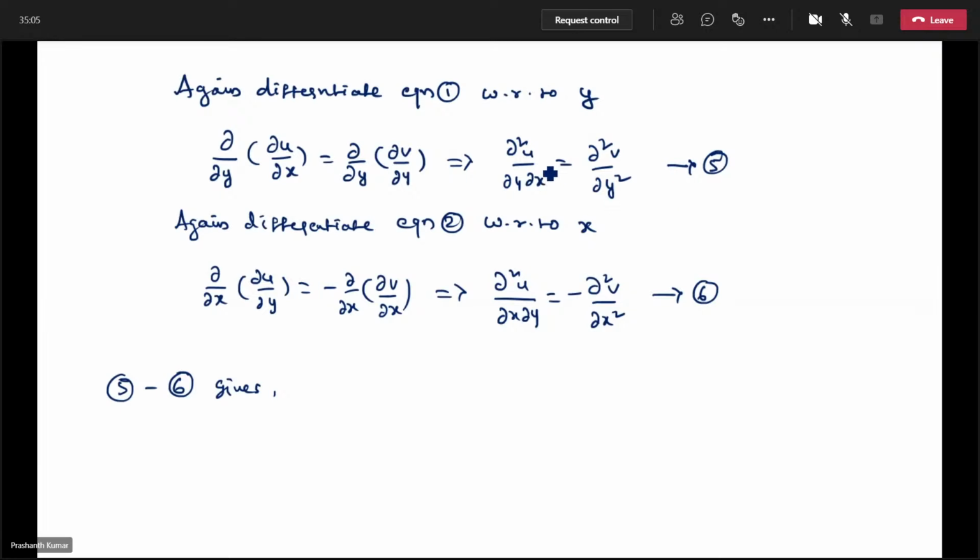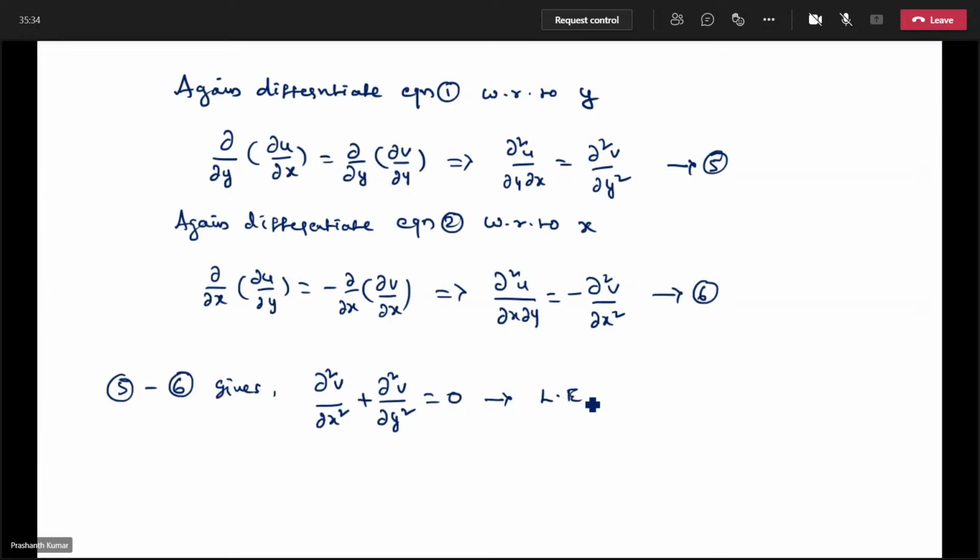So you add these two. That is dou square v by dou x square plus dou square v by dou y square is equal to 0.